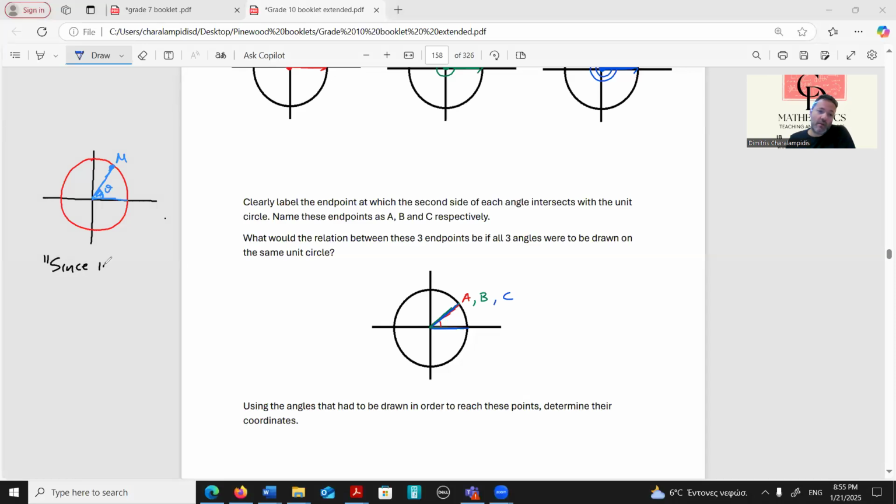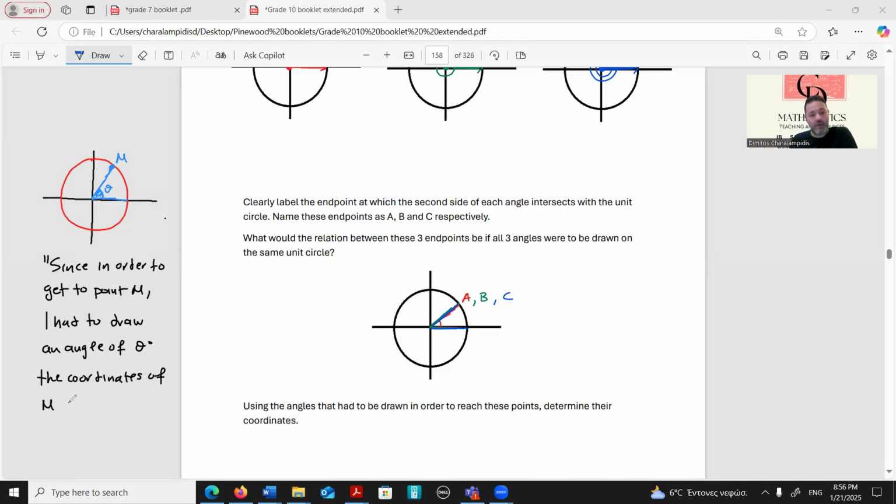Since in order to get to point M, I had to draw an angle of theta degrees, the coordinates of M can be given as cosine of theta, comma, sine of theta.